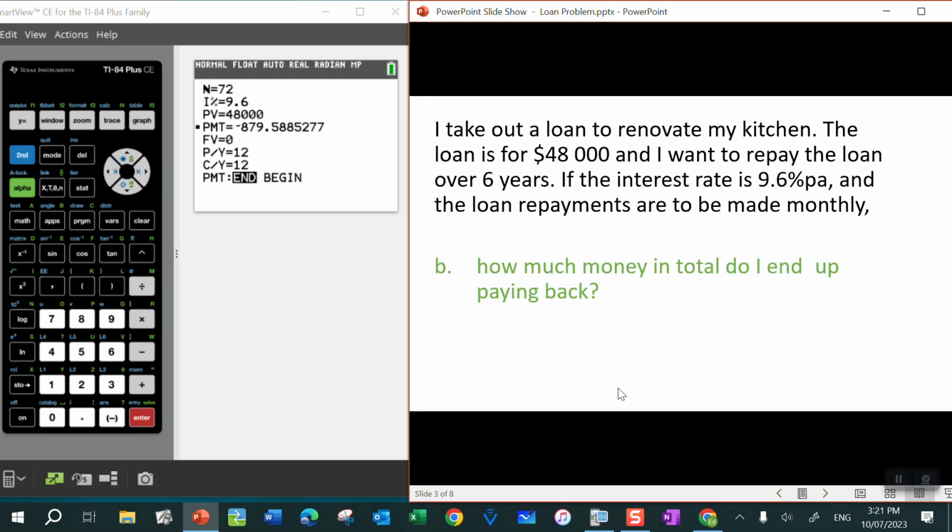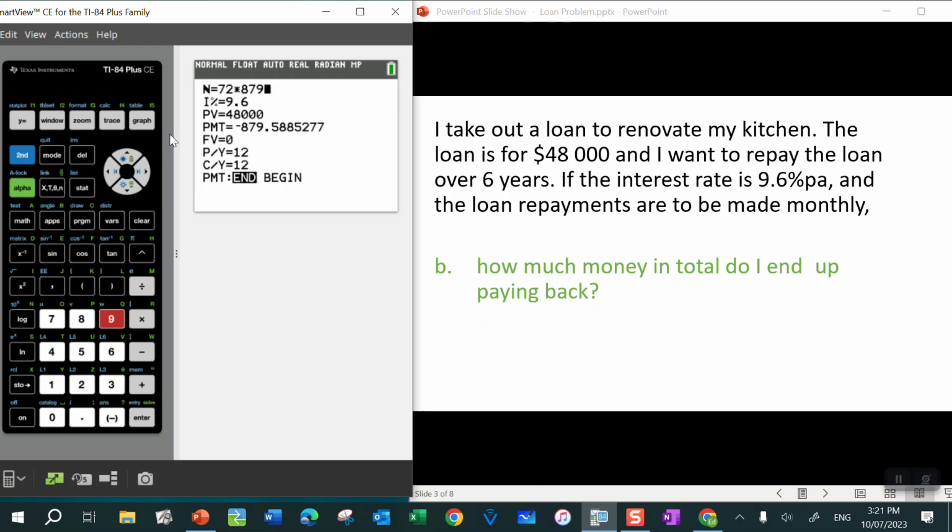Okay. So, how much money in total do I end up paying back? Well, that's normally quite interesting because it's going to tell us how much we really are going to pay in interest and what the loan's costing us. Remember we've got 72 payments of how much each? Well, it's $879.59. So 72 times 879.59.